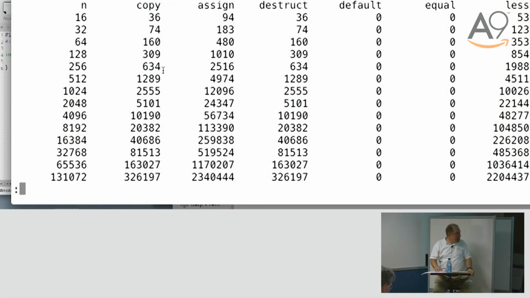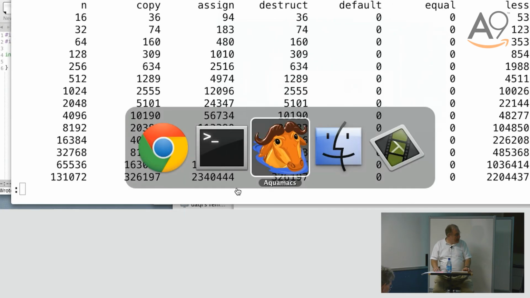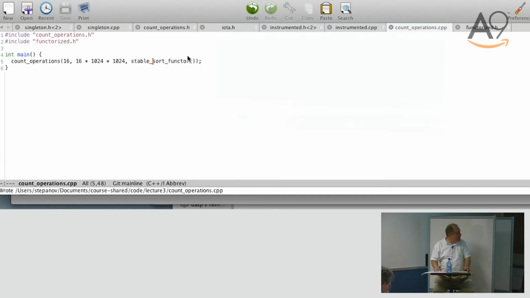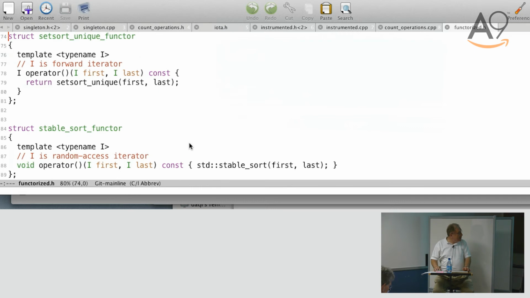Okay, let's try partial sort. Well, I need help. How do I try partial sort? Anybody knows? I implement the sort functor. Yes, that's a good idea. And how do I implement the sort functor?